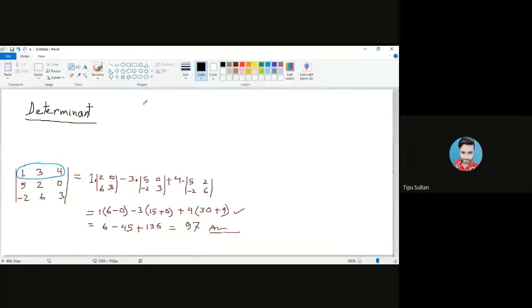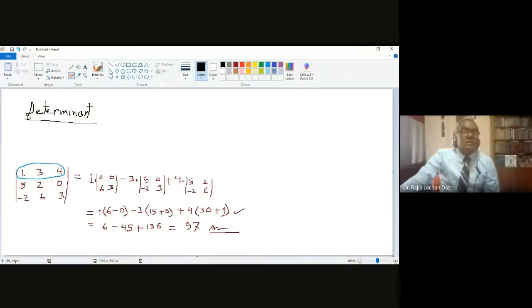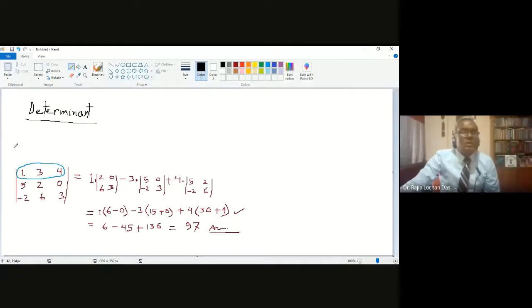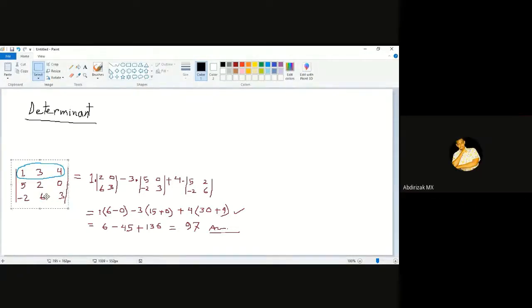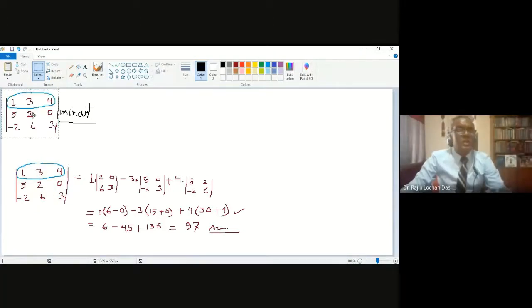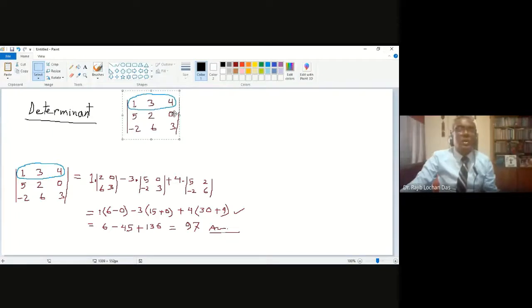Yes, please. Can I choose the column? Yes, you can. So that's what I wanted actually. So sure, let us do this one again.